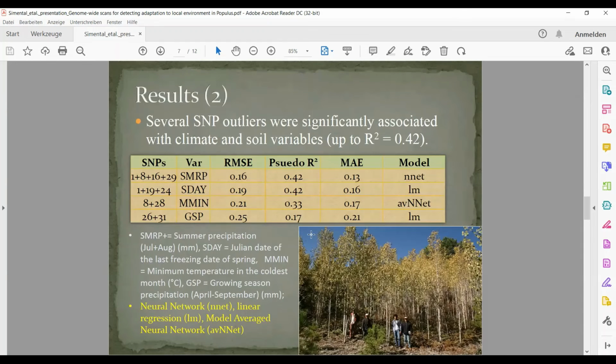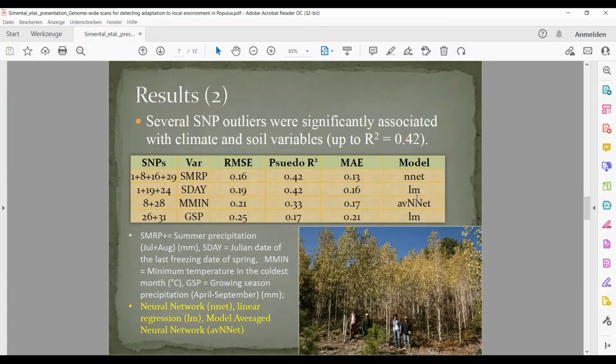So then we found several significant correlations of our SNPs with climate and soil variables, and we found up to 0.42 R squared. Here we can see, for example, the summer precipitation, the minimum temperature in the coldest month, and the precipitation in the vegetation time.